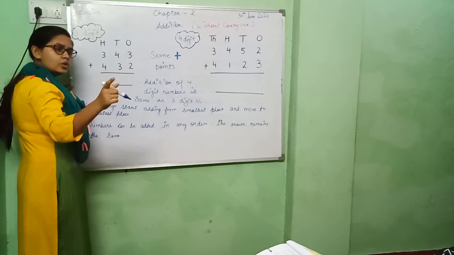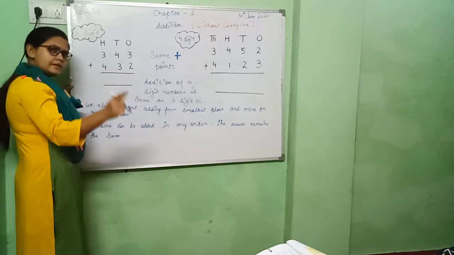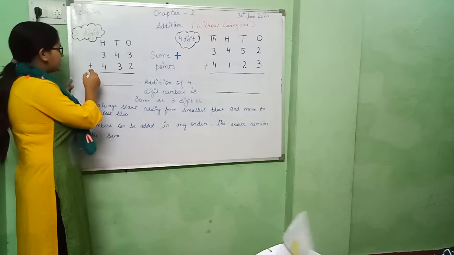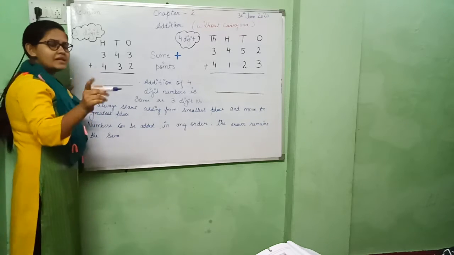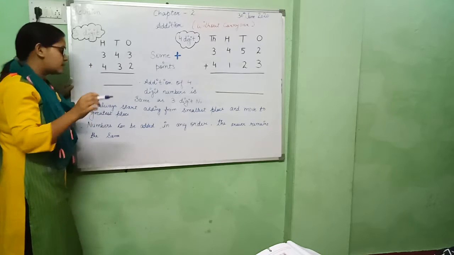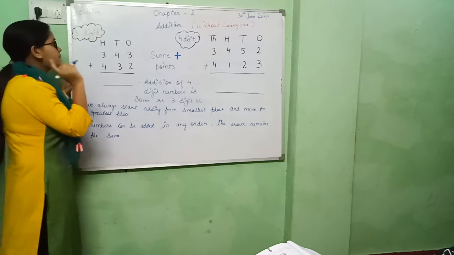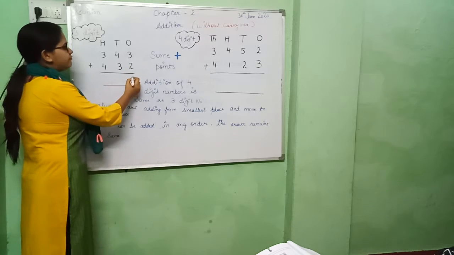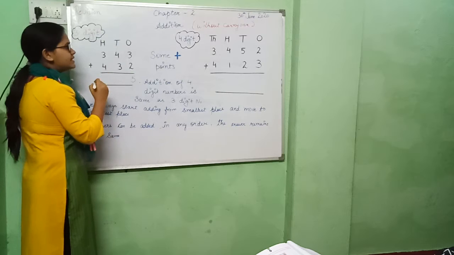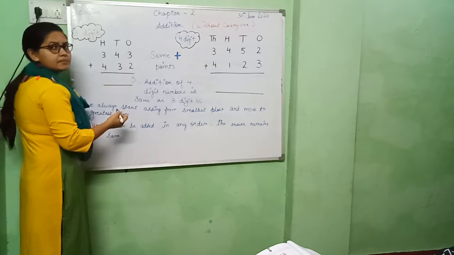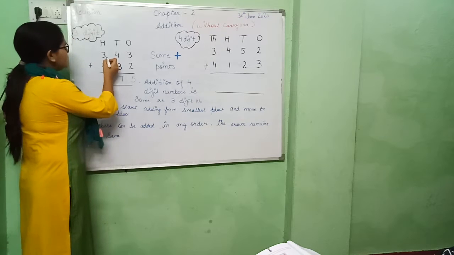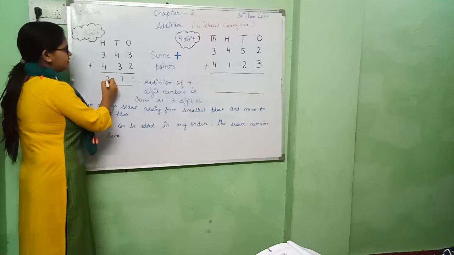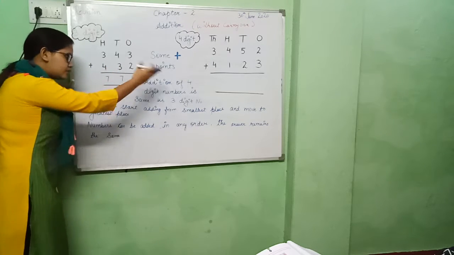If we are doing a multiplication sum, we write the multiplication sign. Signs are compulsory, students. So 3 and 2 become 5. And then 4 and 3 become 7. You can add it, 3 and 4 become 7. Come to another point.